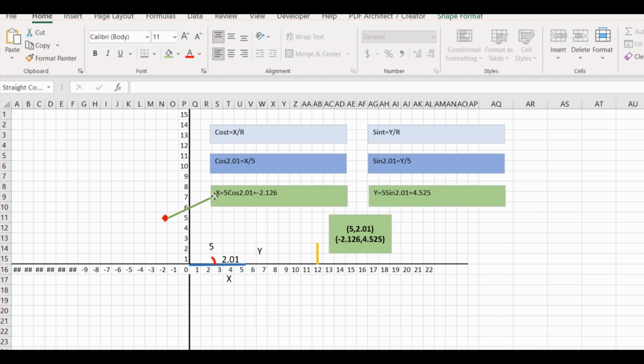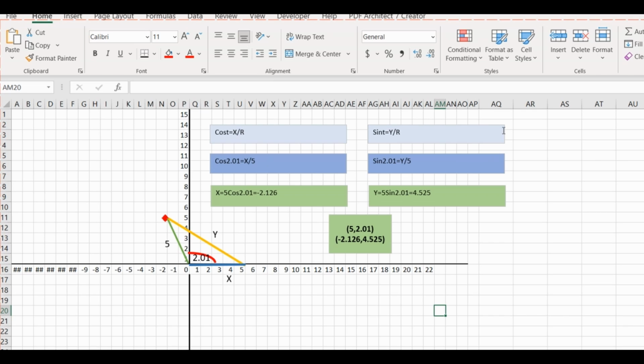Roughly in there, and this line should be there, and then that's 2.01 and the 5 should be there, so that's Y. That should be the correct point. And that's the calculation formula. Thank you.